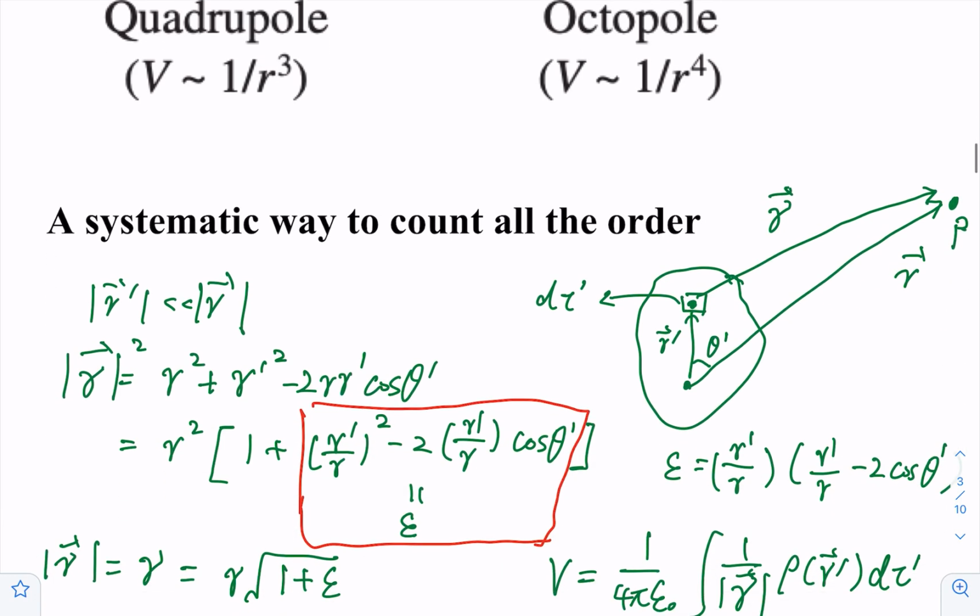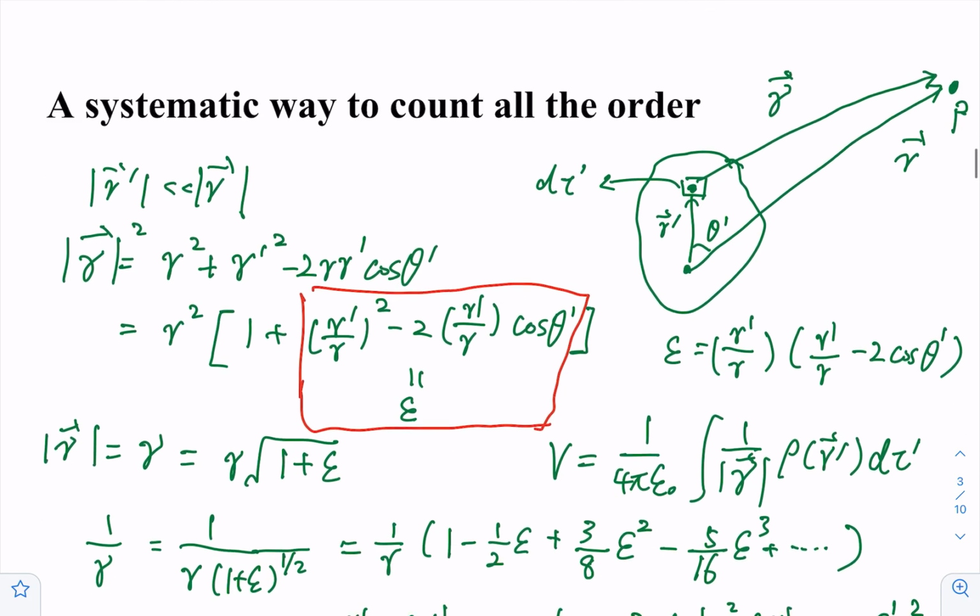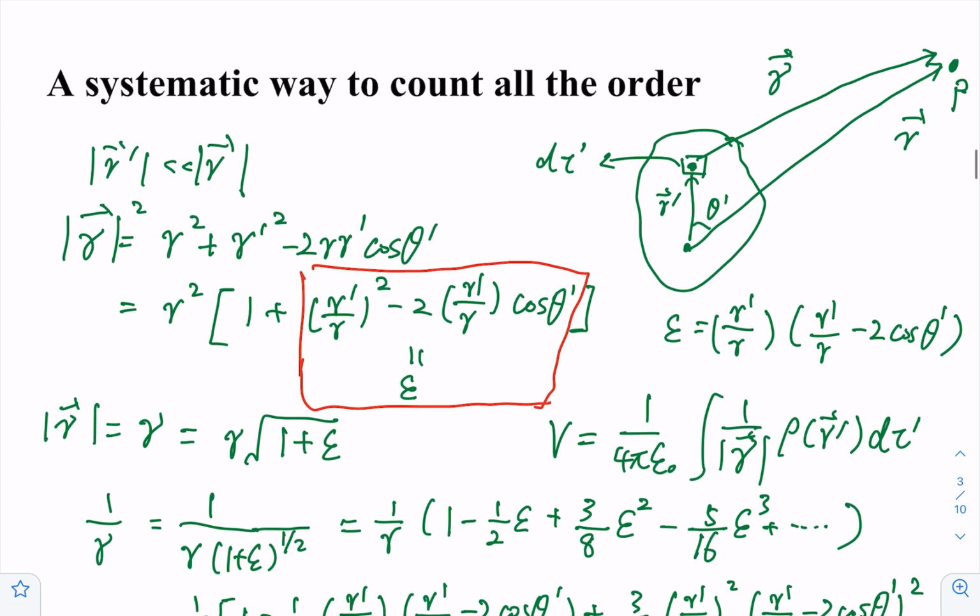Now let's try to systematically count all these orders. The idea of how to count this order is to do an expansion of the far field scalar potential. First we consider the general charge distribution, and what we want to use is the superposition principle.